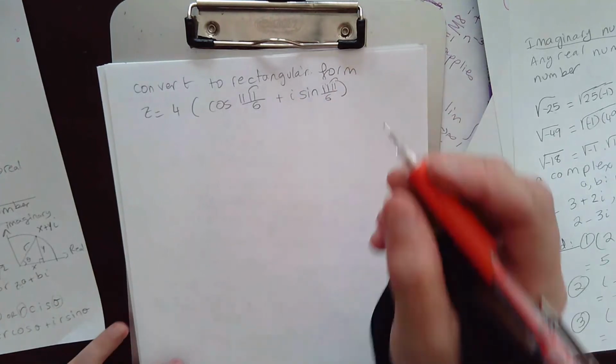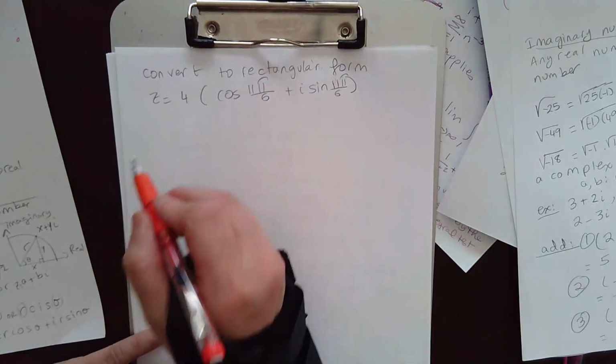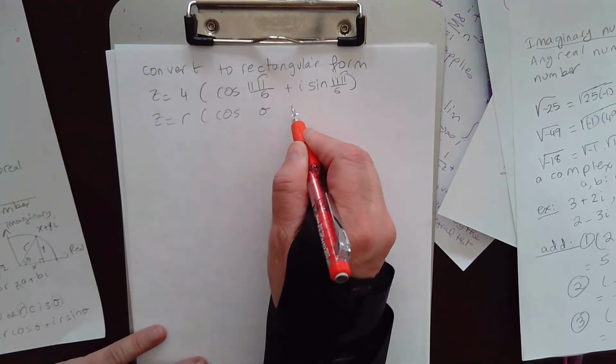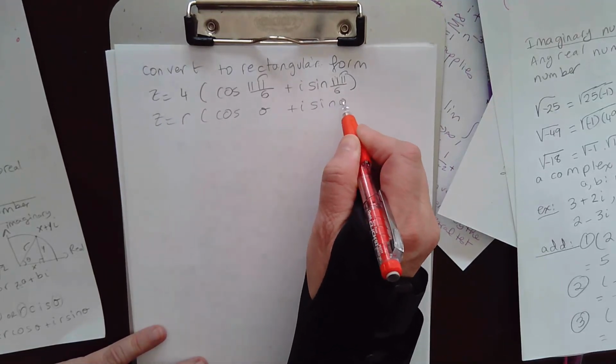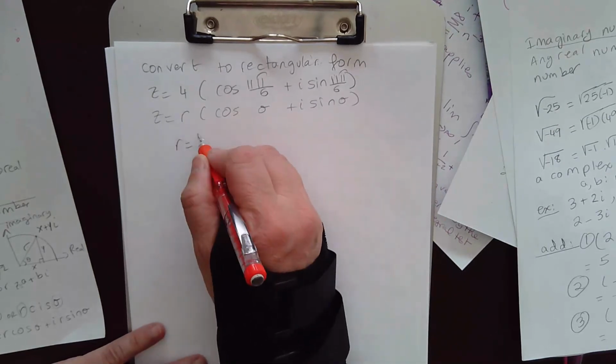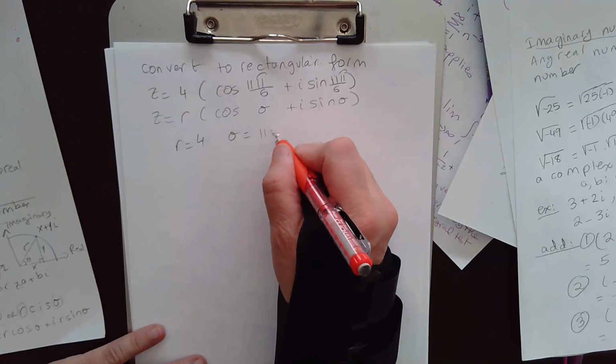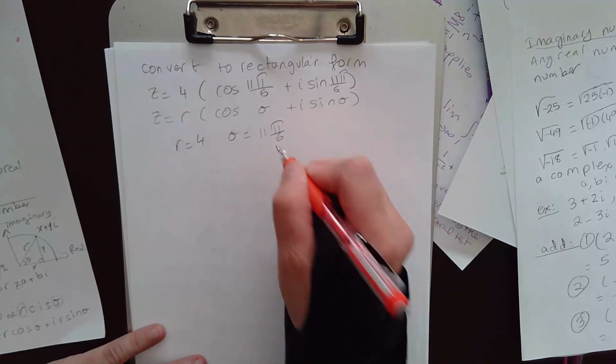Okay, so remember our formula is what? z equals r cosine theta plus i sine theta. So r must be 4 and theta must be 11 pi over 6.